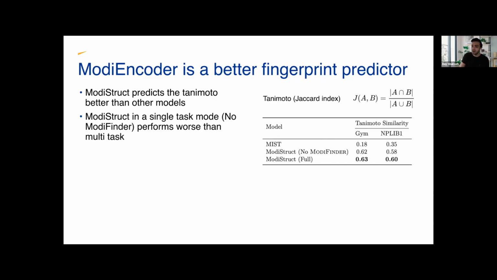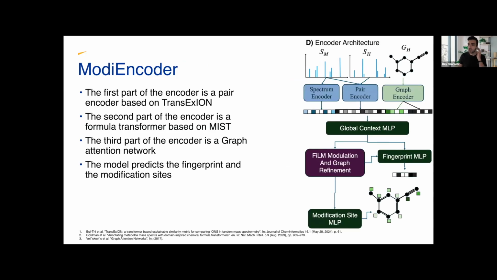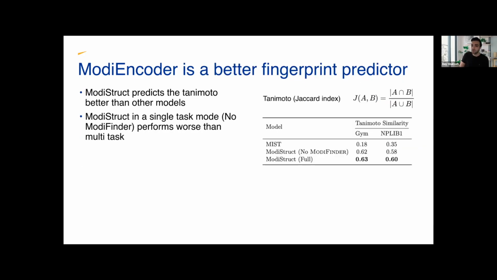Another observation that we have is that training the model with the two different tasks in mind, modification sites and predicting the fingerprint, improves the performance of the model compared to training the model without the modification site task.